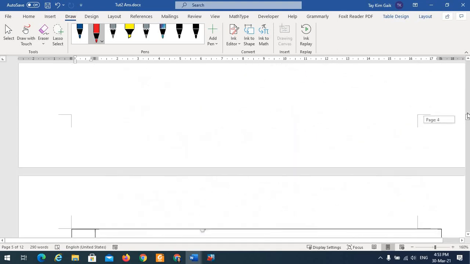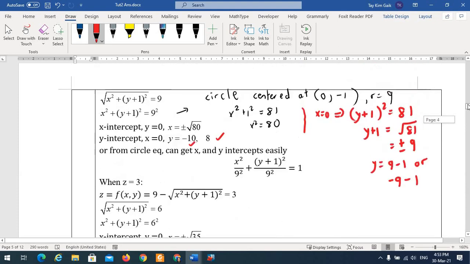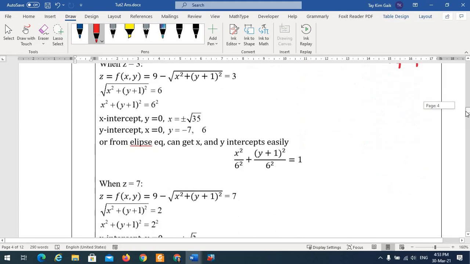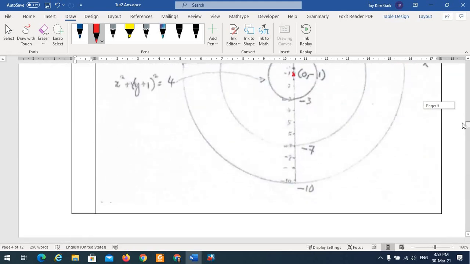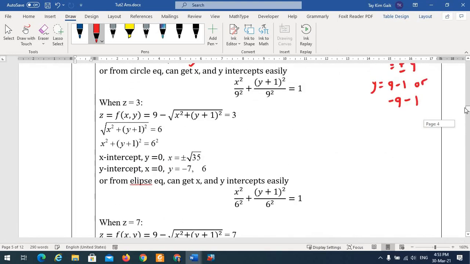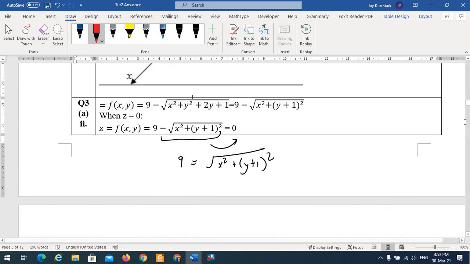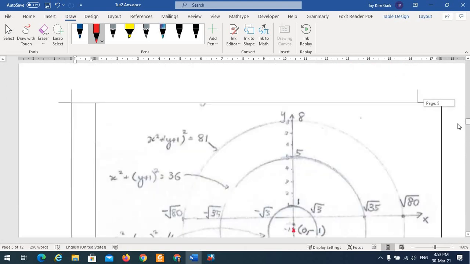Or you can see here, when x is 0 your y-intercept is positive 8 and negative 10. So this one is actually at z equal 0. The bigger circle is at z equal 0.